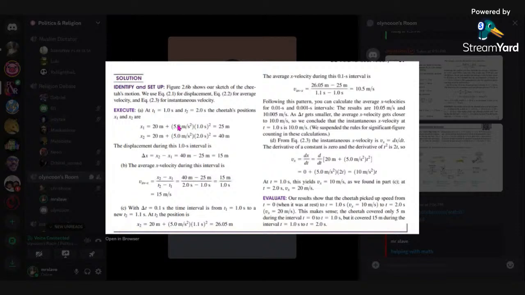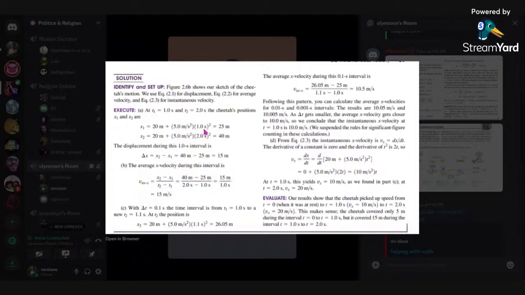So this looks like at squared. They're multiplying to get the distance. So a times t, under constant acceleration, a times t gives you the velocity.